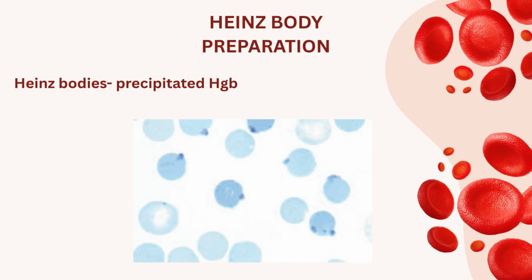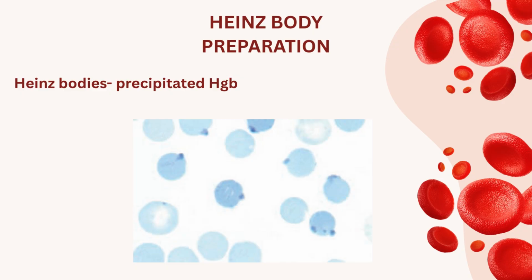So these appear close to the cell membrane and are found in the presence of unstable hemoglobin, as seen in the following conditions. So G6PD deficiency. Heinz bodies can also be found following ingestion of oxidative drugs where the quantity consumed is sufficient to overwhelm the red blood cell reducing mechanisms.